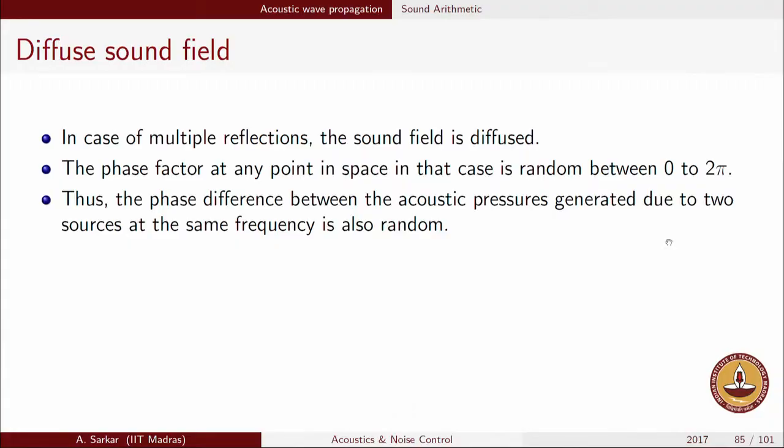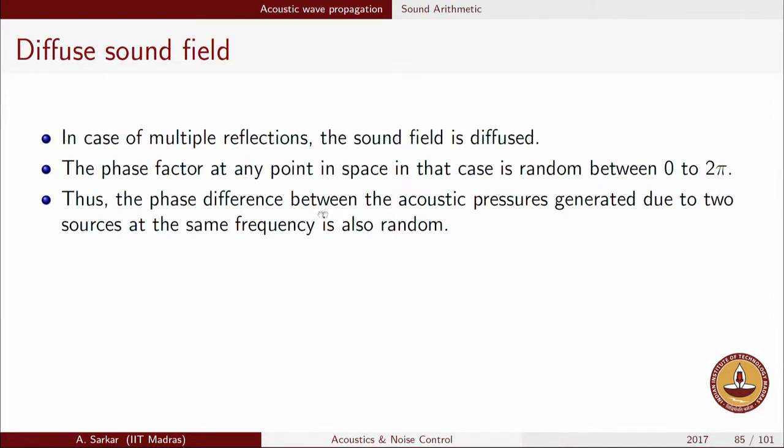So, therefore, we say that the cos of this random quantity which fluctuates between 0 to 2 pi can be anywhere between -1 to +1, but the expected value of it, the mean value, so as to say, is going to be 0.